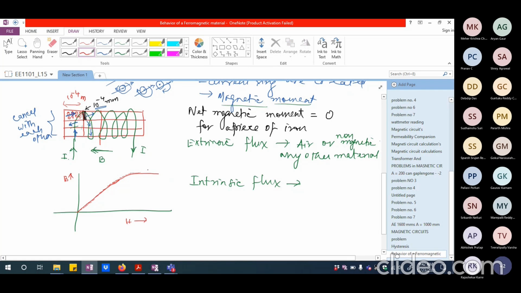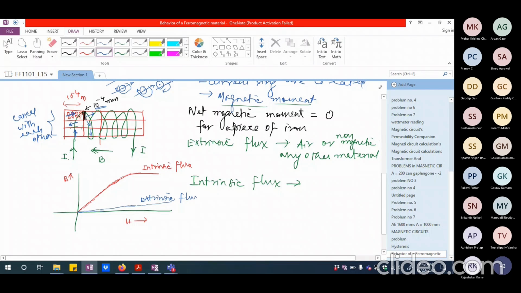If you look at this, this is the intrinsic flux. Whereas the extrinsic flux, what is available because of the air molecules or whatever, essentially increases at a very, very small rate. It will hardly increase much. So this is the extrinsic flux. In fact, the ratio I have shown is not correct.